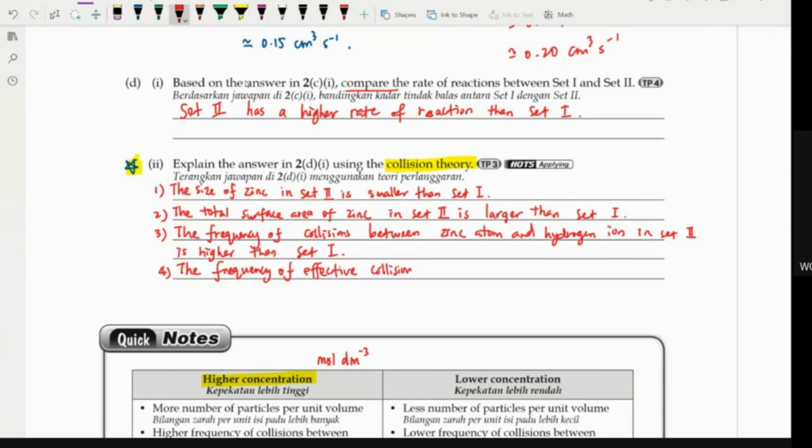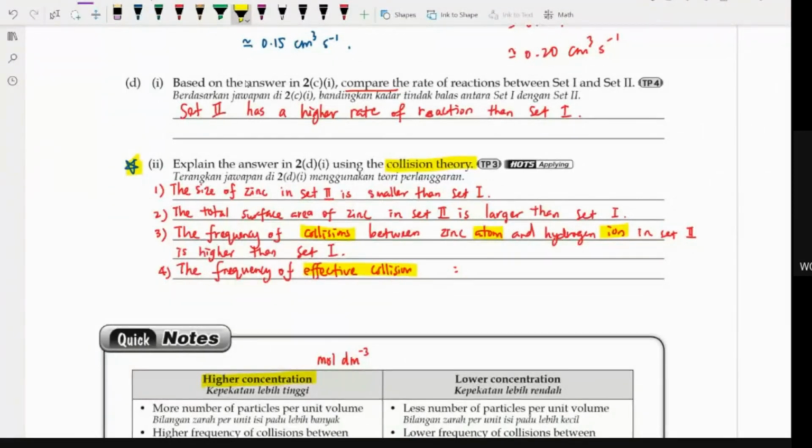The remaining is just copied from the set. So point 3 and point 4 are actually quite simple. This one is collisions, this one is effective collisions. The remaining are the same. You just need to mention these particles clearly. So 4 points, 4 marks.